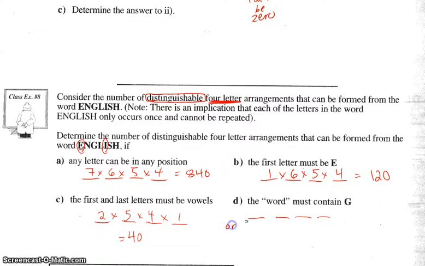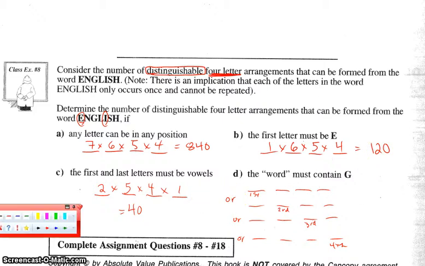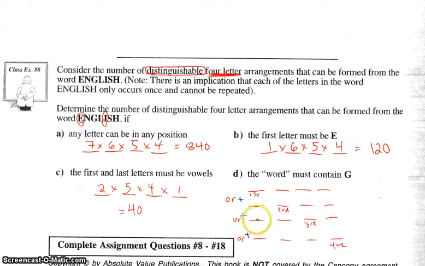So G is in those positions. So when we use the word or, that means we are going to be adding each of these scenarios together.